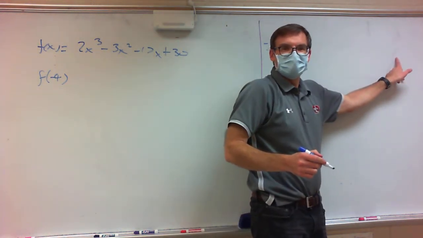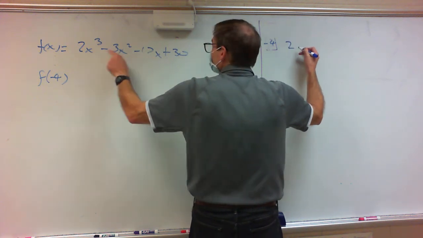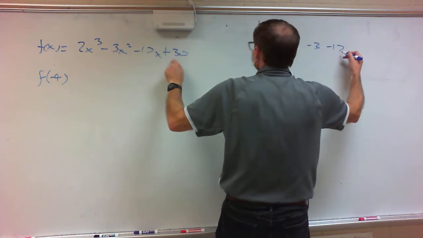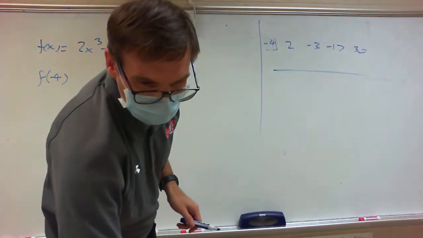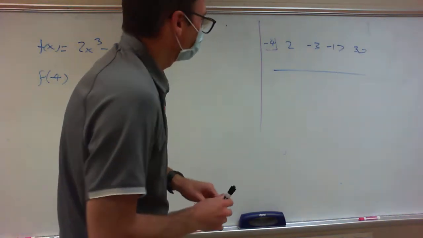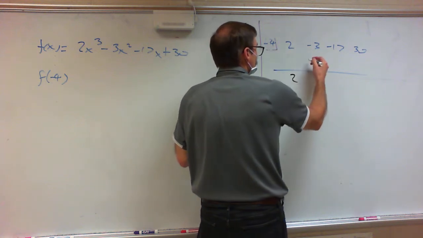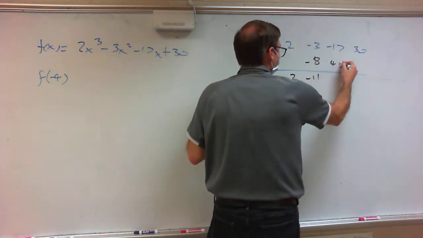It's just those coefficients, right? So that gives us 2, negative 3, negative 17, and a 30. All right. So go ahead. Okay, bring the 2 down. This times this is going to give me negative 8, and that gives me negative 11. It's going to give me 44.